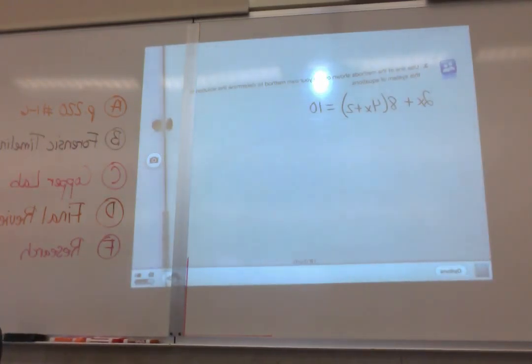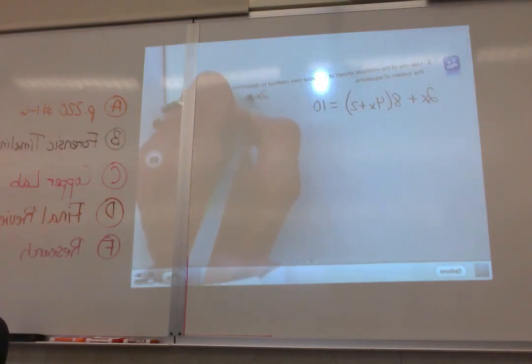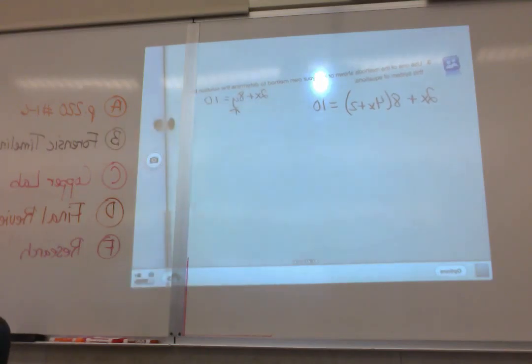So that's as far as he got. He didn't actually solve, he just started it. He started with 2x plus 8y equals 10, and that y got replaced. So now we have a bigger expression, but we know what to do with that.